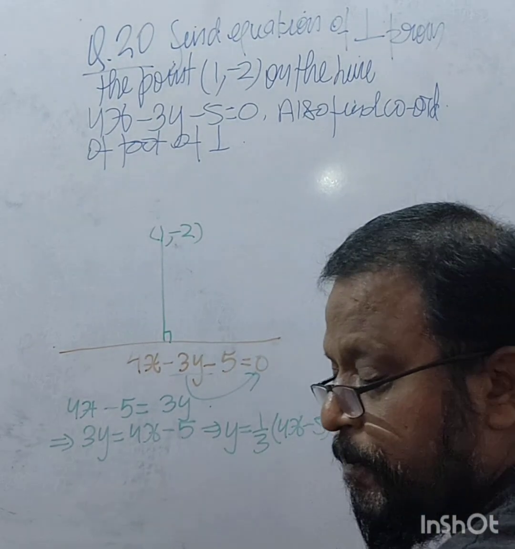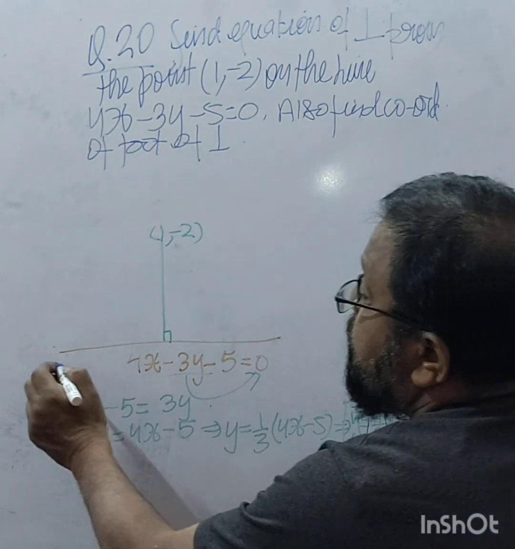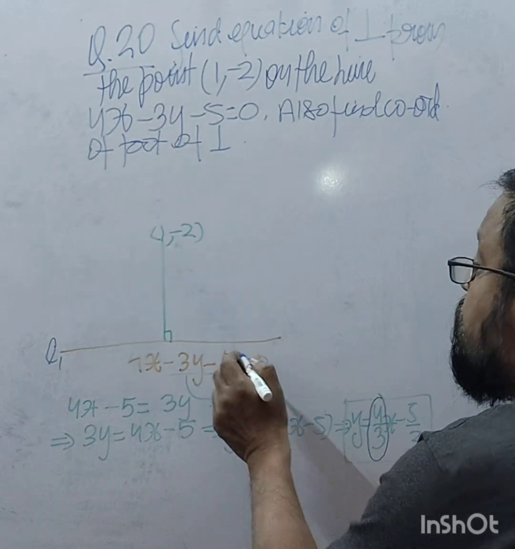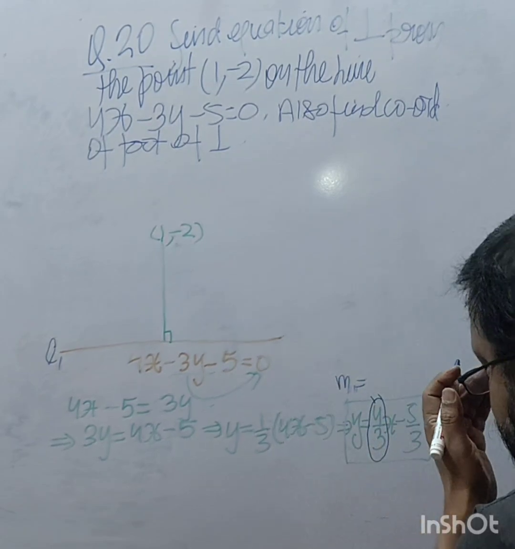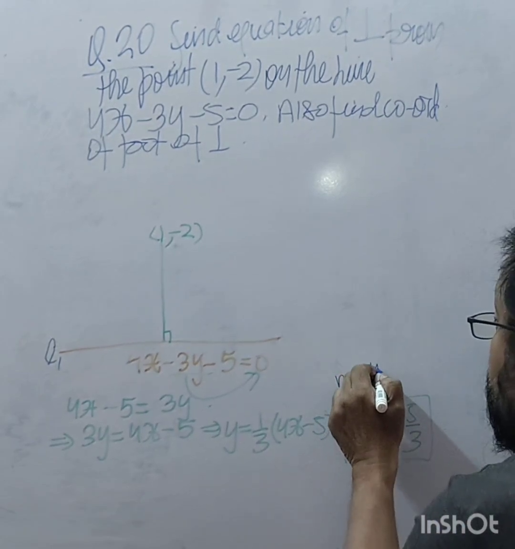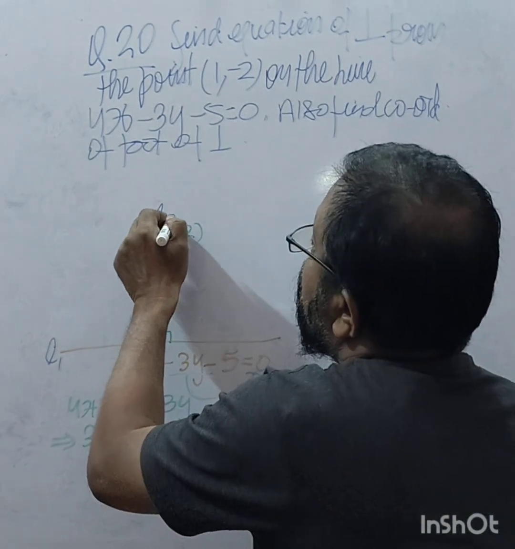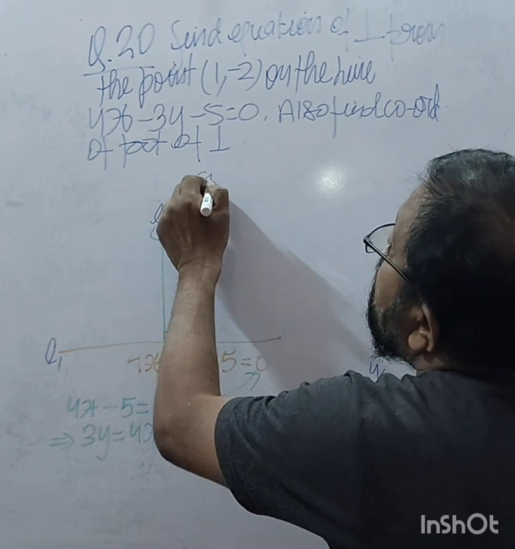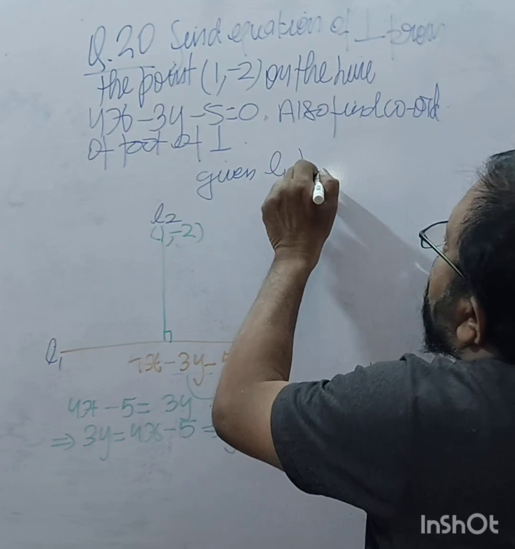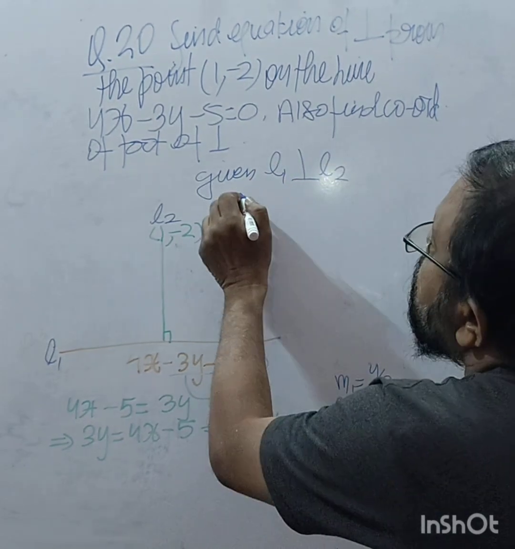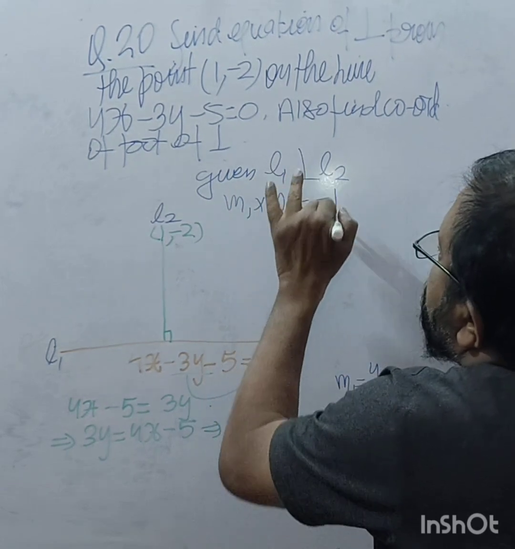So slope of this line, say this is line L1, so its slope m1 is equal to 4/3, right? This is line L2 and it is given L1 is perpendicular to L2. So m1 into m2 is equal to -1.